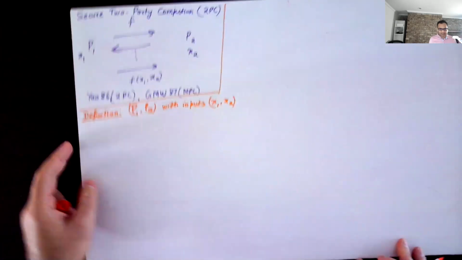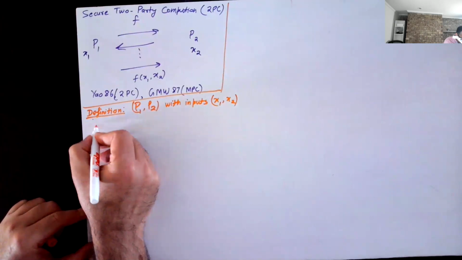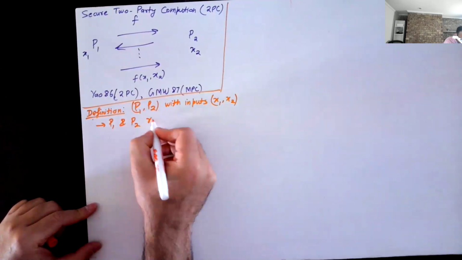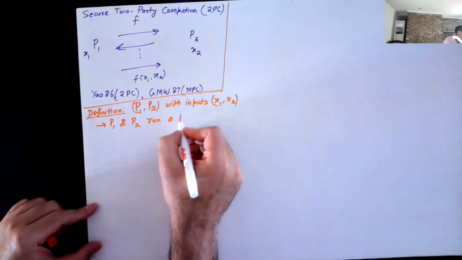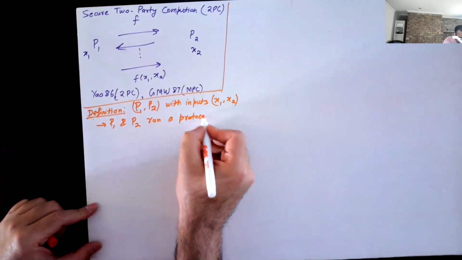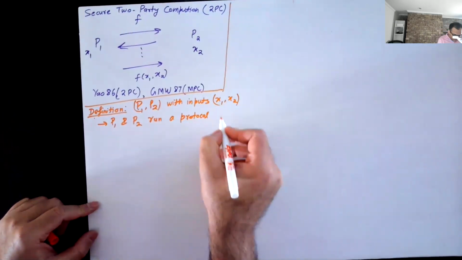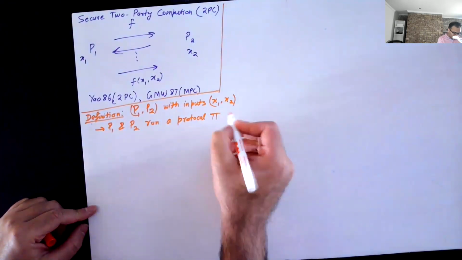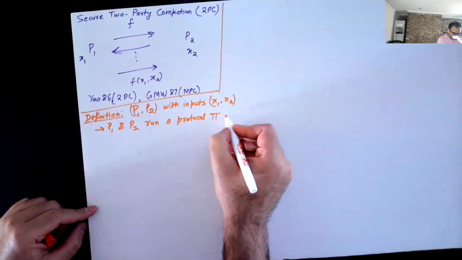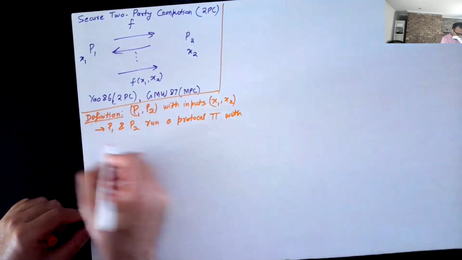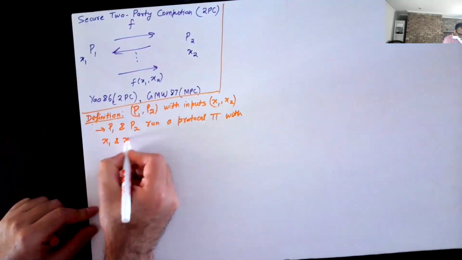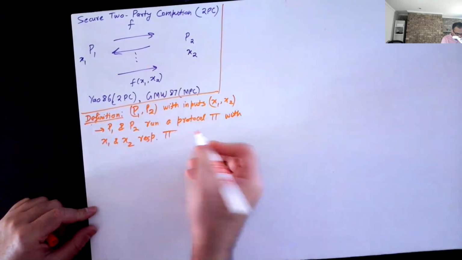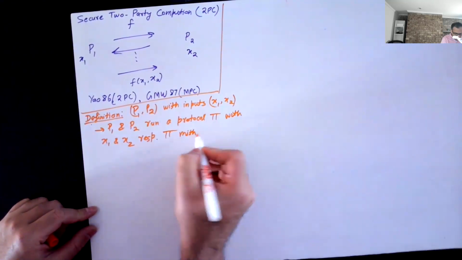So the format is that P1 and P2 run a protocol. Let's give some name, maybe let's say protocol pi, with x1 and x2 respectively. And note that the protocol pi might be randomized.